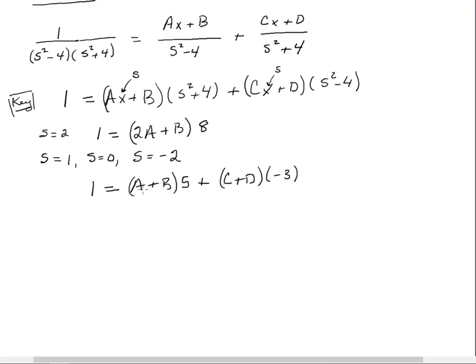Now, where did the s go? Well, if s is equal to 1, then it's an a plus b. And then using s equals 0, I came up with 1 is equal to 4b minus 4d, and using s equal negative 2, 1 is equal to (negative 2a plus b) times 8.